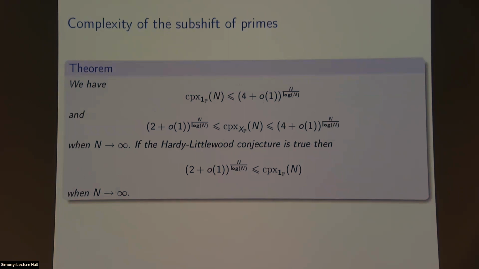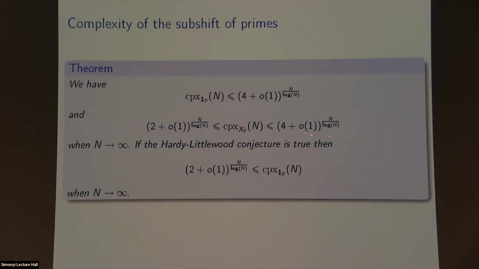We are interested in the complexities of our systems. So what about the prime shift? There is a theorem, and we have an upper bound for the complexity of the prime shift, and the upper bound is like 4 to the power n by log n.